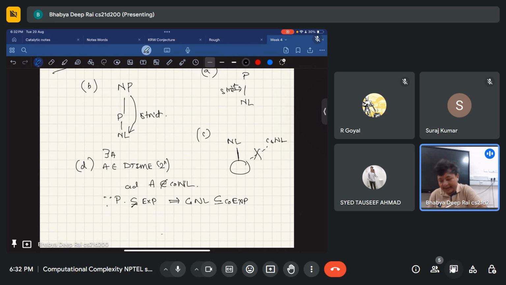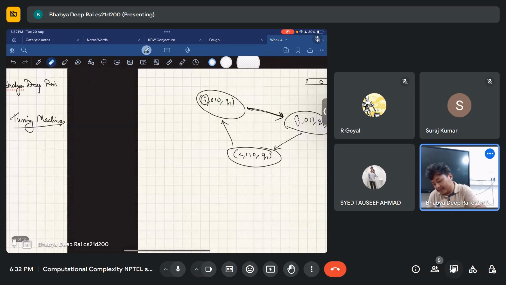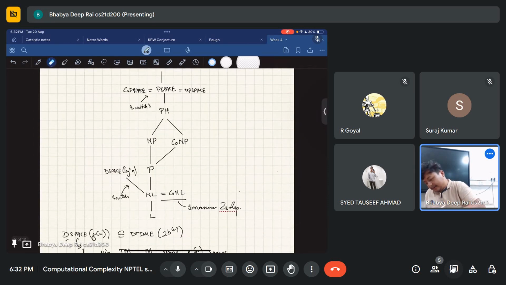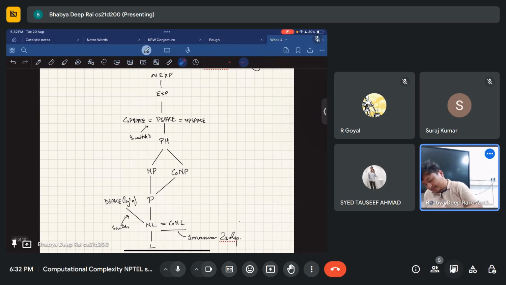P is strictly contained in EXP. Why? By the time hierarchy theorem. P is strictly contained in EXP, and since P is strictly contained in EXP, let me show you the diagram once again. See, this is the diagram.